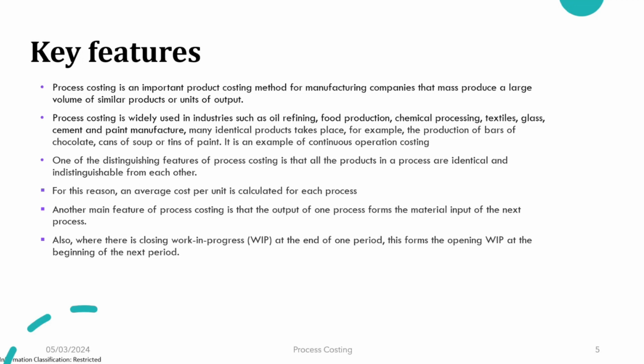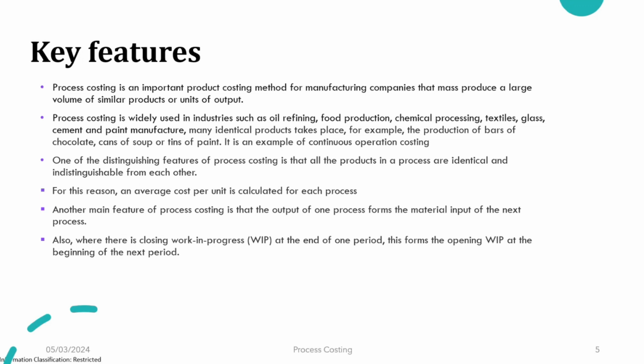Another main feature of process costing is that the output of one process could be different from the next process. So sometimes the products go into a couple of processes. For example, if it's a cake factory making cakes, they could be continuously making cakes, but the cakes would go through a couple of processes.